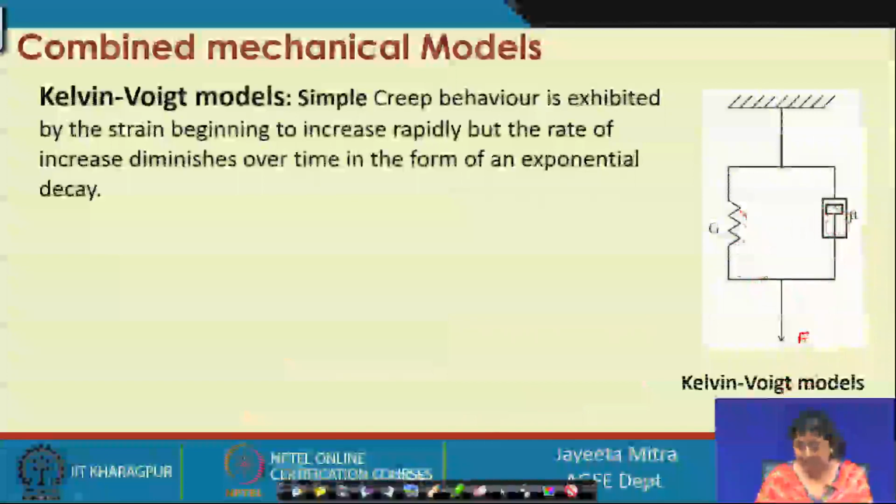Now, because of the linear relation of this spring, it has a linear relation between stress and strain. What happens is that it will try to take away some amount of force through it.